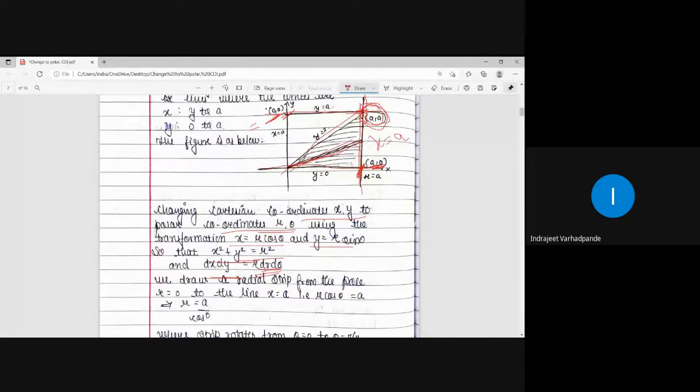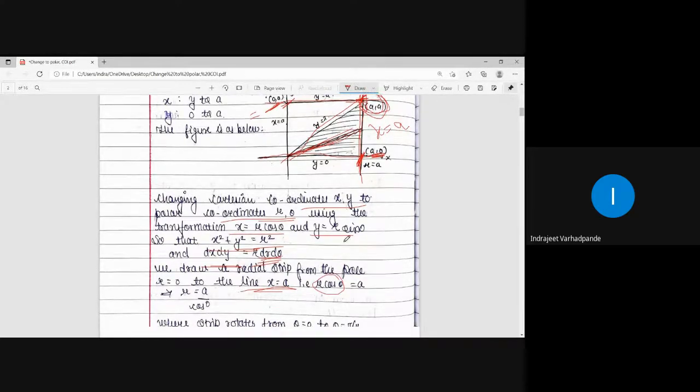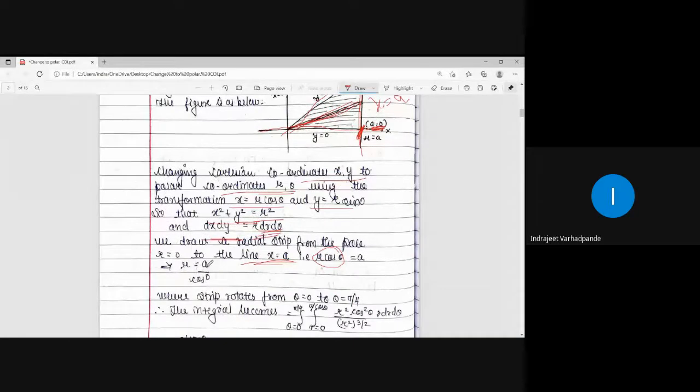We draw a radial strip from the pole r is equal to 0 to the line x is equal to a. X is equal to a, but what is the value for x? The value for x is r cos theta. So the limit for r will be a upon cos theta. So the limits of r become 0 to a upon cos theta.